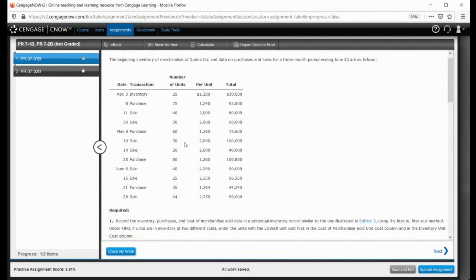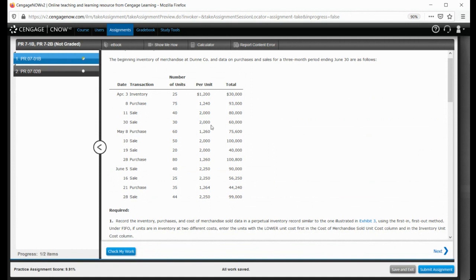In the next transaction, which also happened on April the 30th, we had another sale. We sold 30 units at a selling price of $2,000. Notice the selling price has not changed during this period of time.